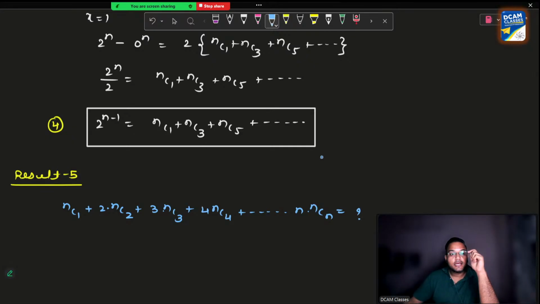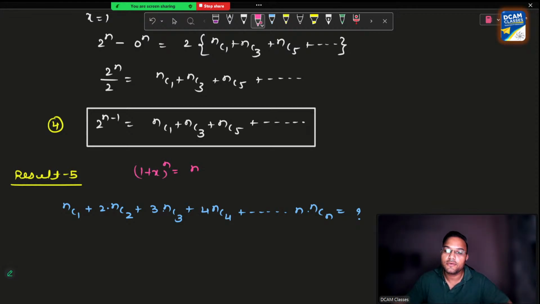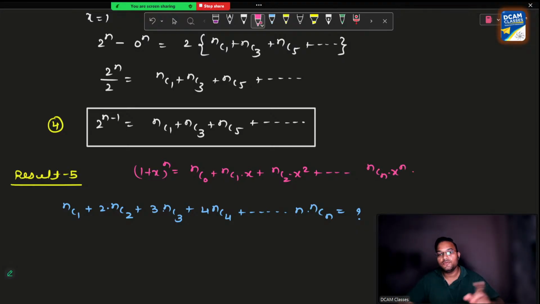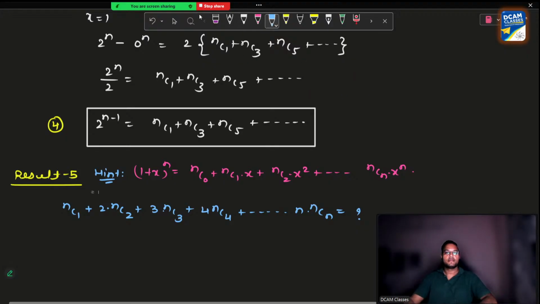Try. The hint is you will be using only one result that I've already told you, that (1 plus x) whole power n, which you already know. It's nC0 plus nC1 into x plus nC2 into x square plus and so on up to nCn into x power n. How will you use this result to get to this? Think.